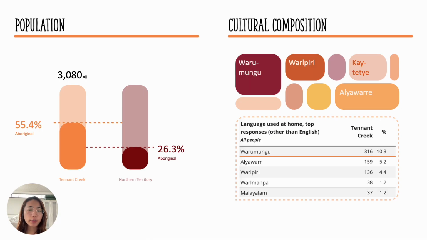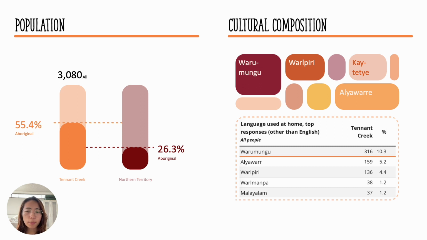As of the 2021 census, Tennant Creek had a population of 3,080 people, and 55.4% of them identify as Aboriginal. In the context of the Northern Territory, where Aboriginal culture is deeply rooted, the figure far exceeds the regional average of 26.3%.